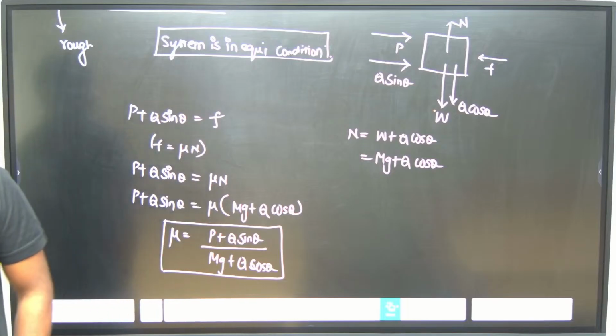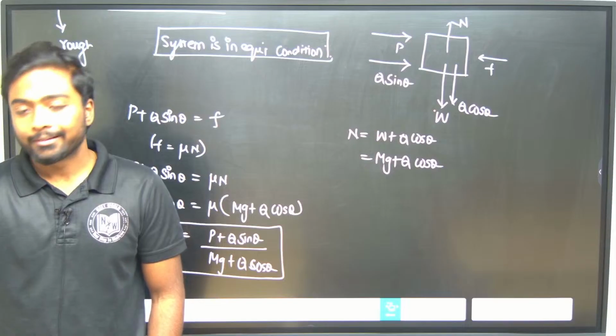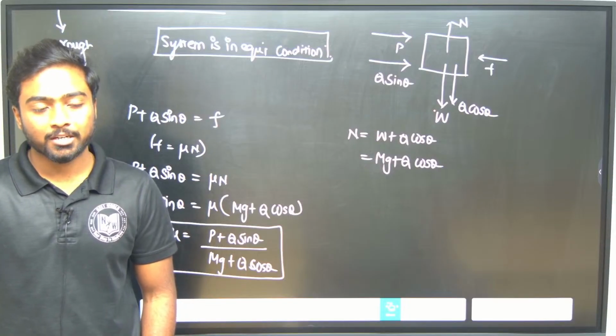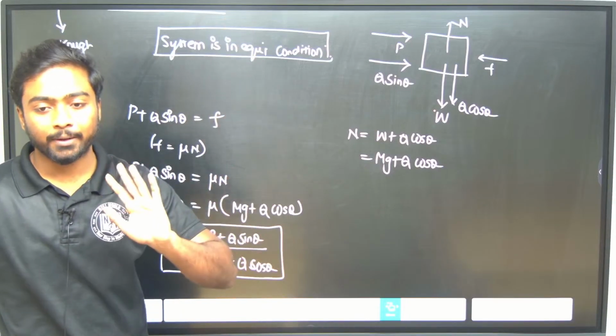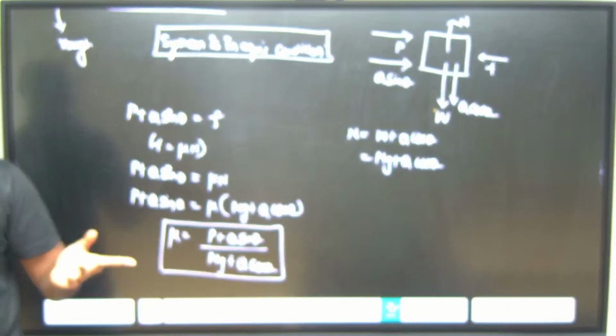So the coefficient of friction is mu and the angle is lambda. What is the relation they are asking? The force is acting with respect to lambda now.